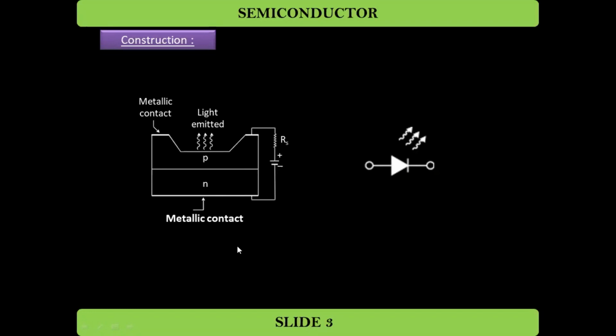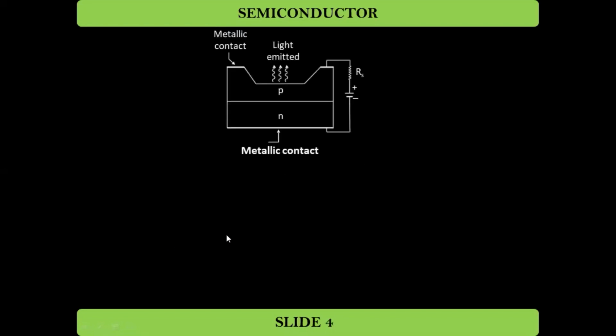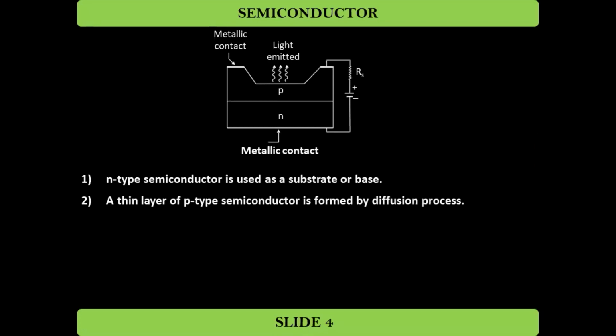Let's talk about the construction in greater detail now. Here you can see the N type is the base, which we also call the substrate. As I said earlier, there is a thin layer of P type semiconductor, formed by a diffusion process.